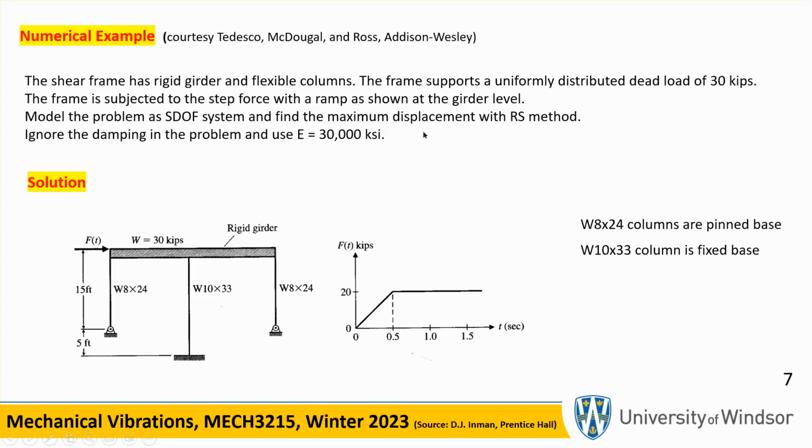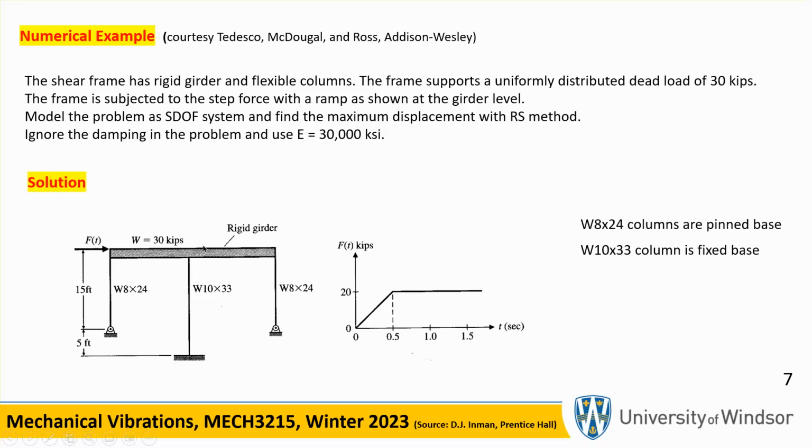The floor, or the roof, has a dead load of 30 kips. This is what I wanted to remind you: kips means 1,000 pounds, so 30,000 pounds. That's what this means. So the weight of that rigid girder is 30,000 pounds. We model this as a single degree of freedom system.